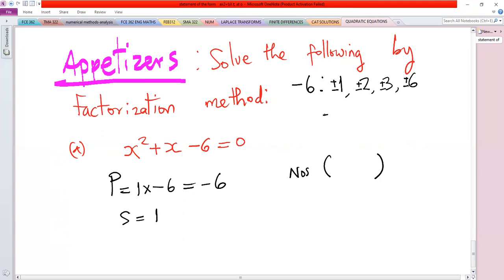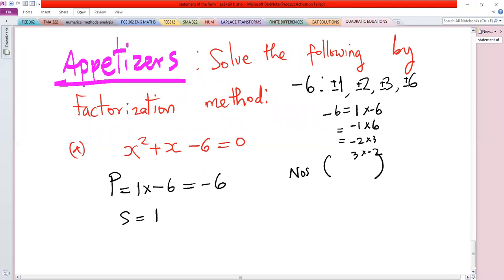And then you say minus 6 is the same as 1 times minus 6, or minus 1 times 6, or minus 2 times 3, or 3 times minus 2.